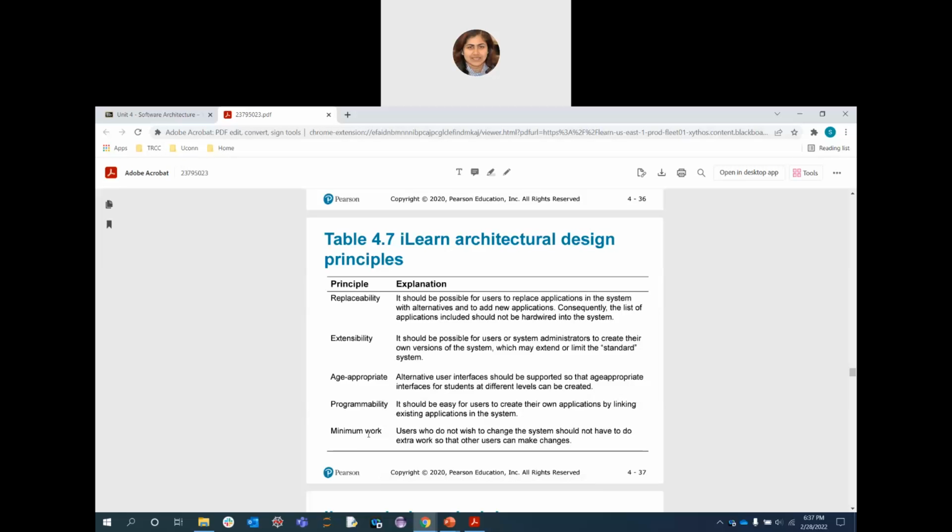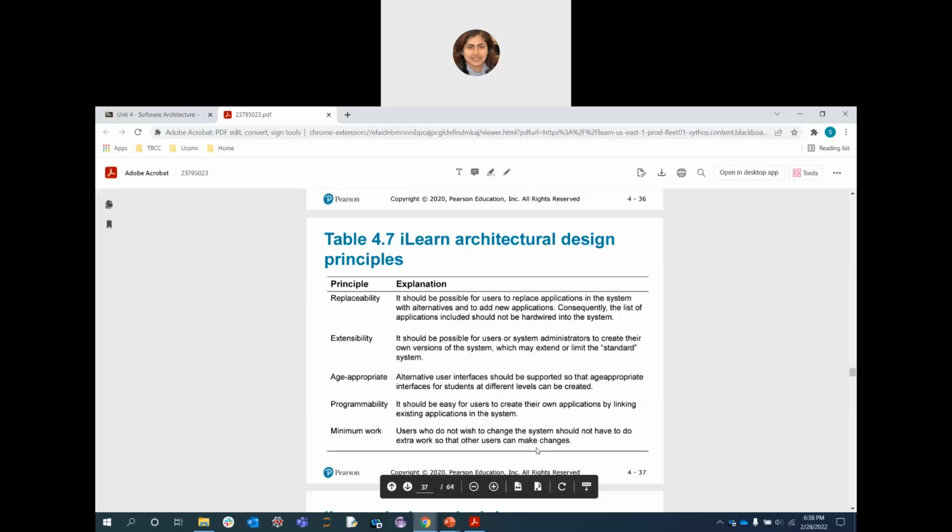If you remember the Jack case, Elena case, Emma case, all of them were related to the iLearn system. You could just read it if you don't remember where those case studies are. So here, these principles were thought to be most important when designing the iLearn system.